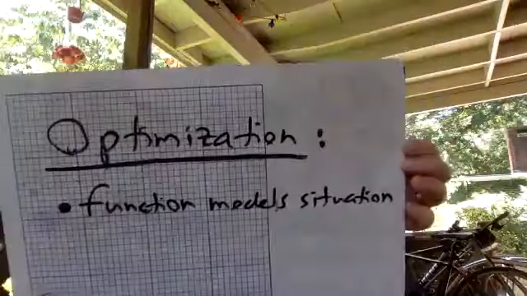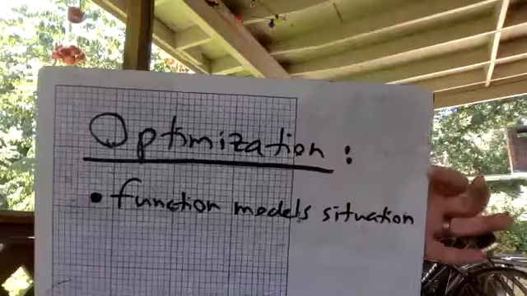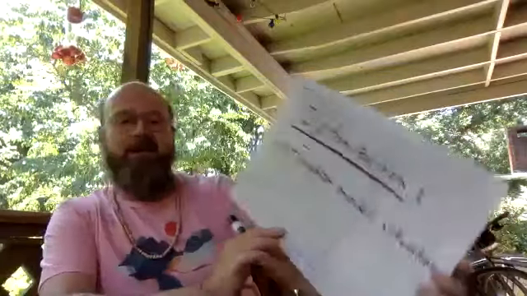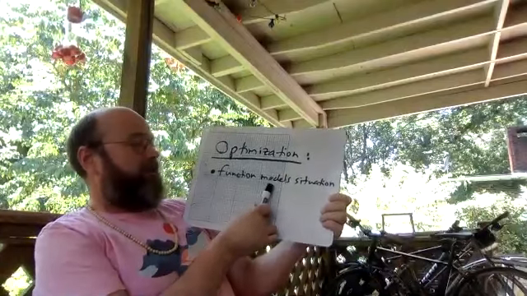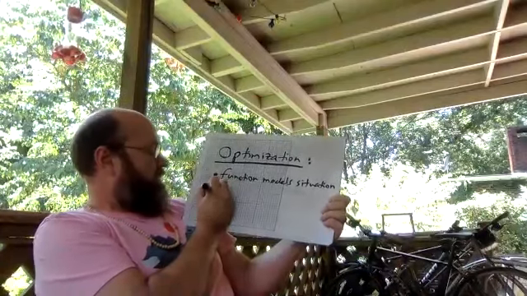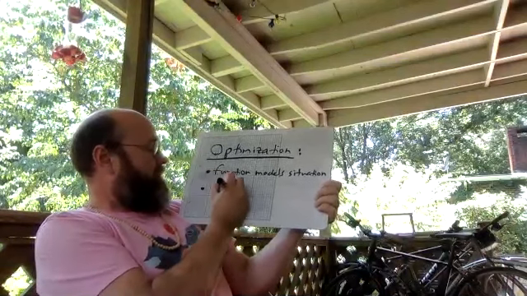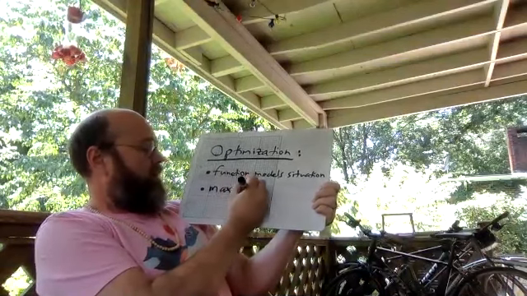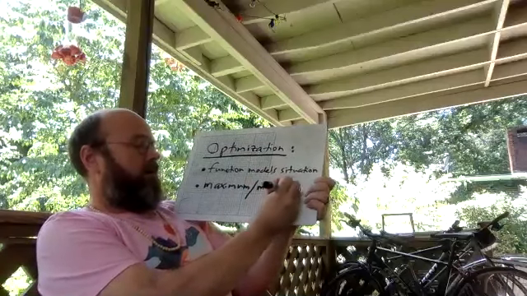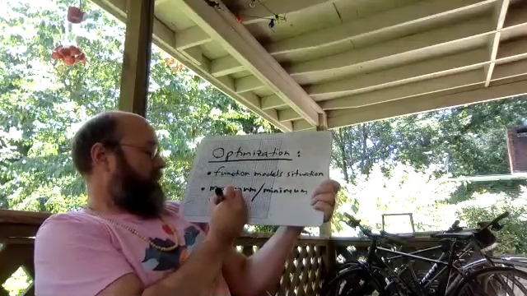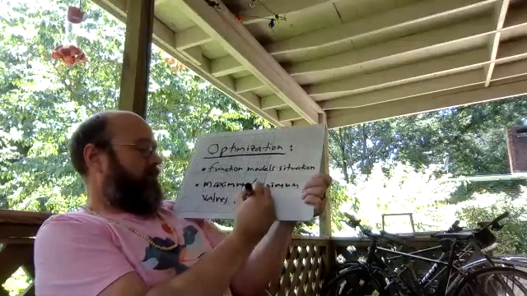I don't understand money very well. I try to stay away from it. But in general, you have some function that models the situation, and then you want to find the maximum or minimum values of the function.